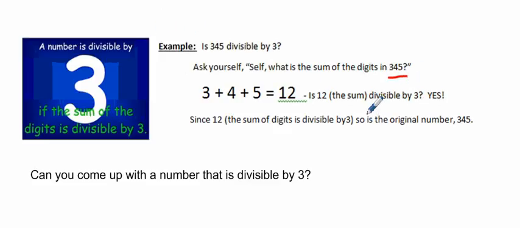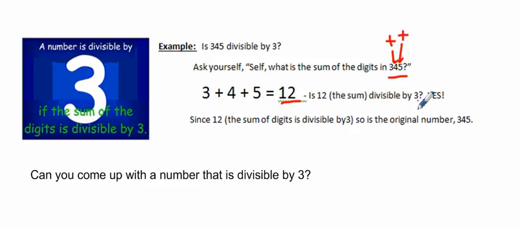So for 345, I ask myself, what is the sum? That's 3 plus 4 plus 5. I'm adding these numbers, putting a plus sign between each digit. So 3 plus 4 plus 5 gives me 12.